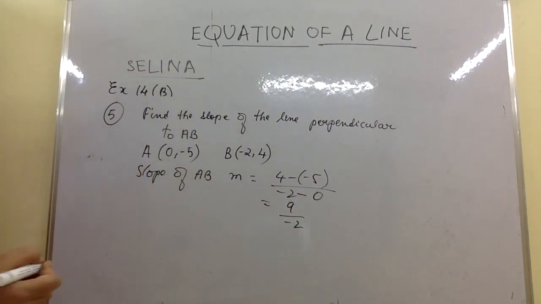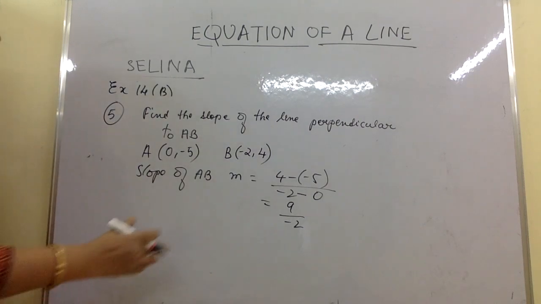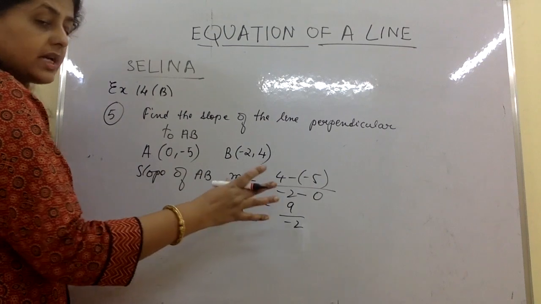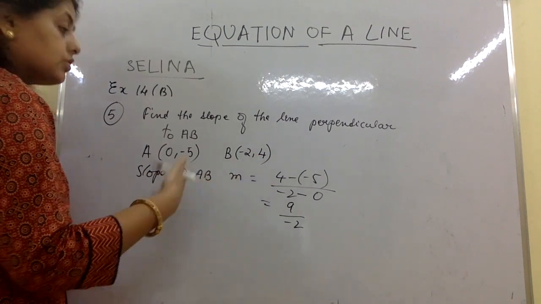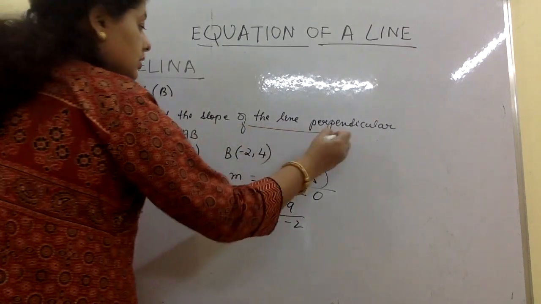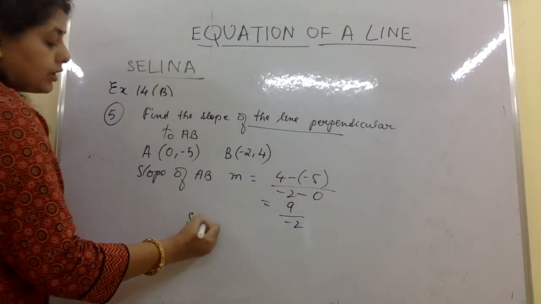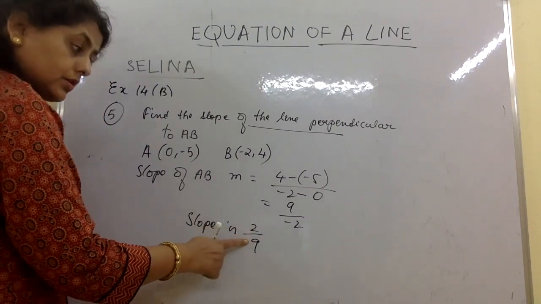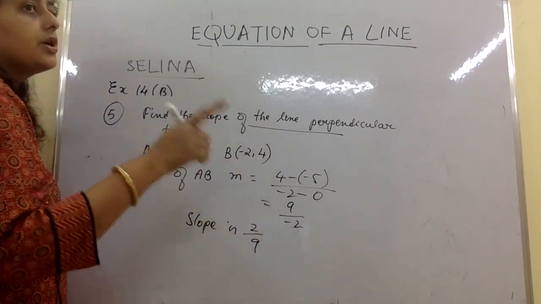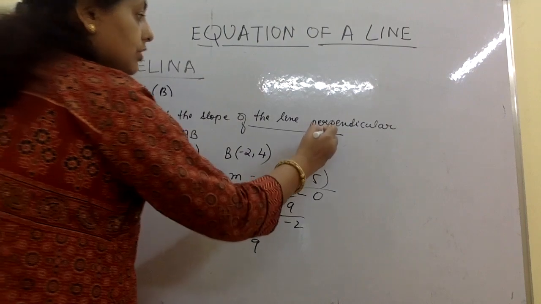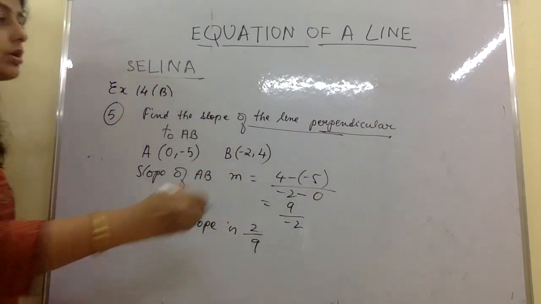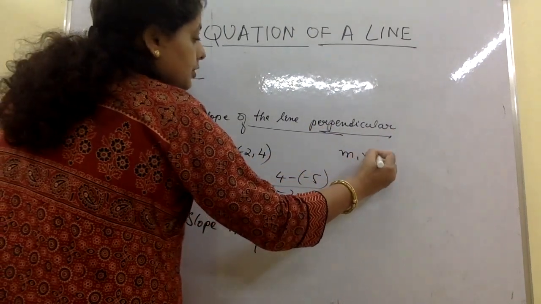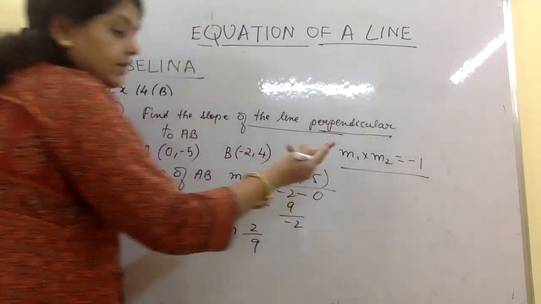So the slope of this line AB is minus 9 by 2. Then the slope of the line perpendicular to this line, the wanted slope, is 2 by 9, because the product of this and this should always come to minus 1 when they are perpendicular, because m1 into m2 is equal to minus 1.